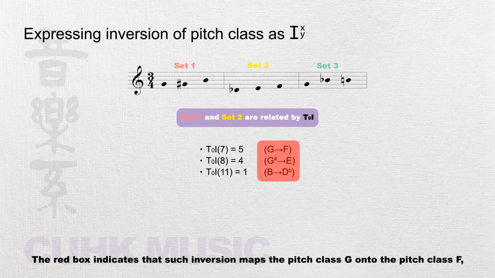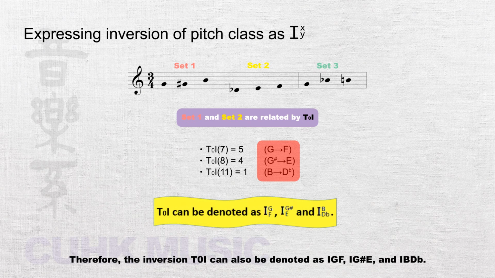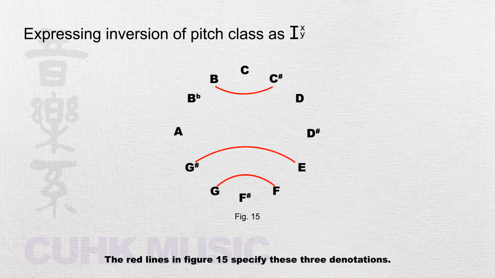The red box indicates that such inversion maps the pitch class G onto the pitch class F, the pitch class G sharp onto the pitch class E, and the pitch class B onto the pitch class D flat respectively. Therefore, the inversion T0I can also be denoted as IGF, IG sharp E, and IB D flat. The red lines in Figure 15 specify these 3 denotations.